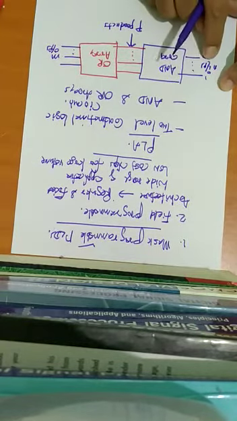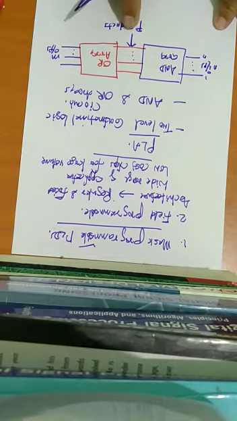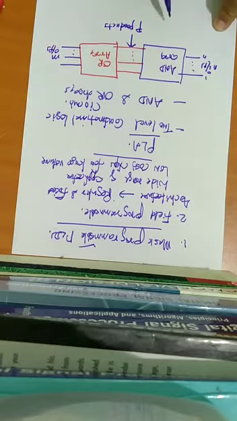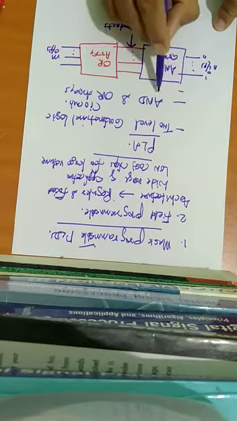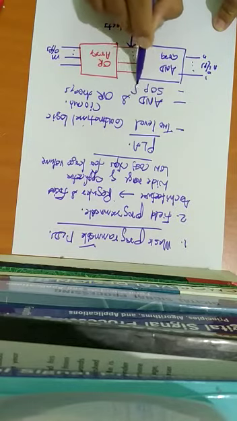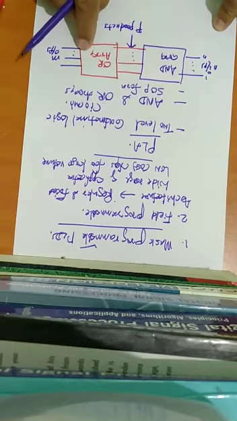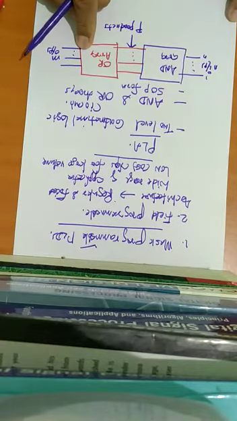So there are n inputs, p products, and m outputs. These are the product terms, so the PLA implements sum of product form. That's why there is an AND array and an OR array.